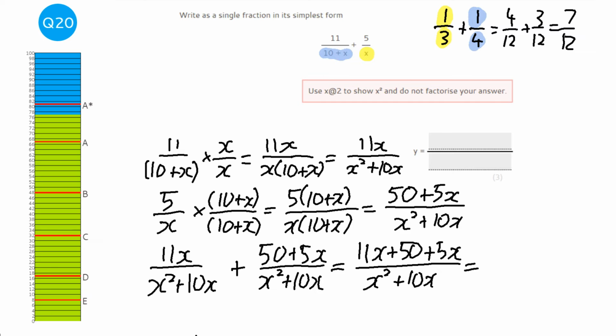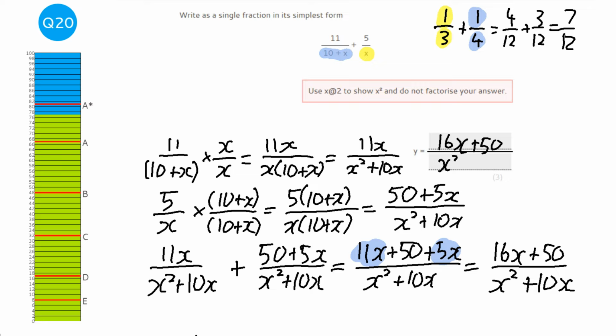So looking at the top, we've got the 11x and the 5x add together. So that becomes 16x plus 50 over x squared plus 10x. So our answer is 16x plus 50 over x squared plus 10x.